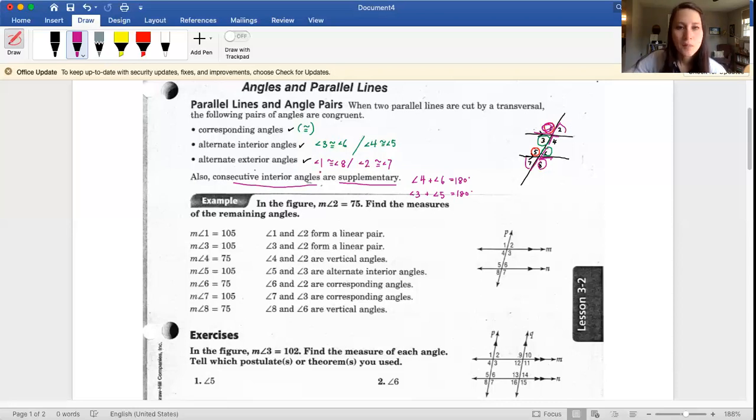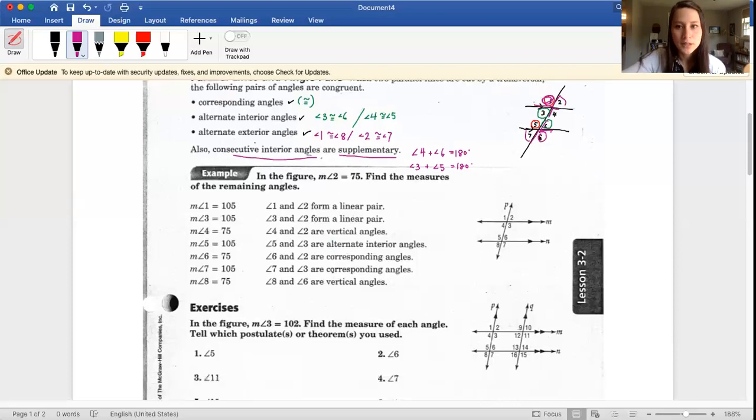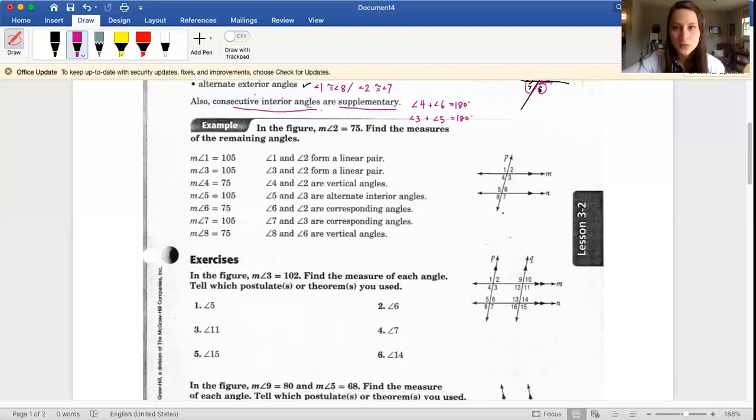In the example down here, we've got two lines cut by transversal P, and the figure says angle 2 is 75 degrees. Now your job is to determine all the other angles. If we're given one, I think we can find the rest.